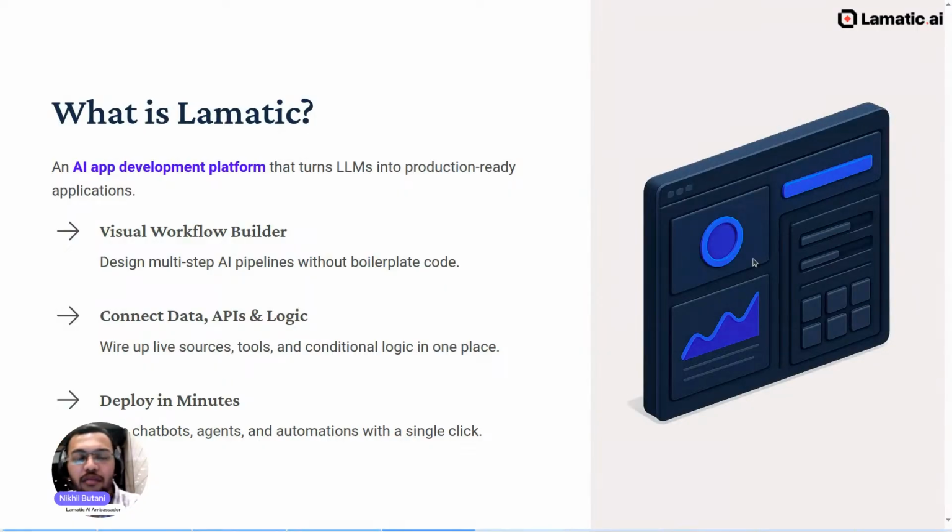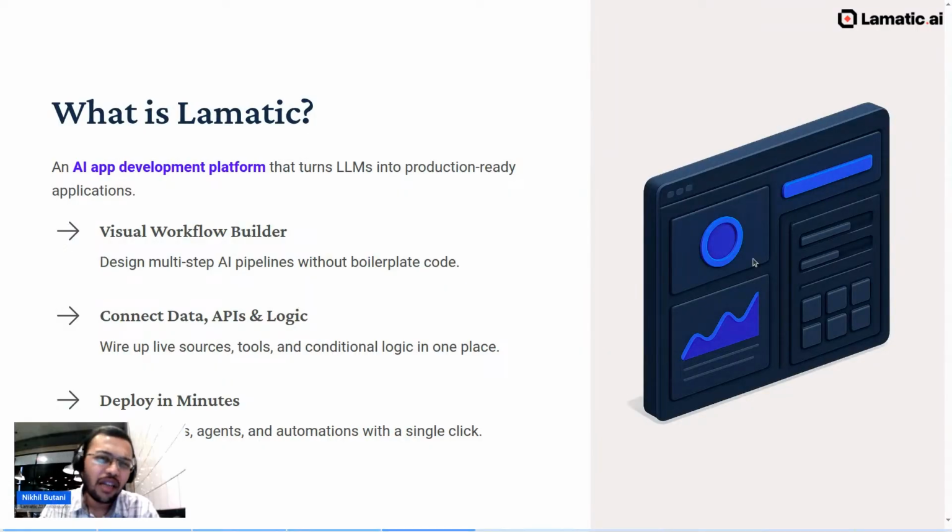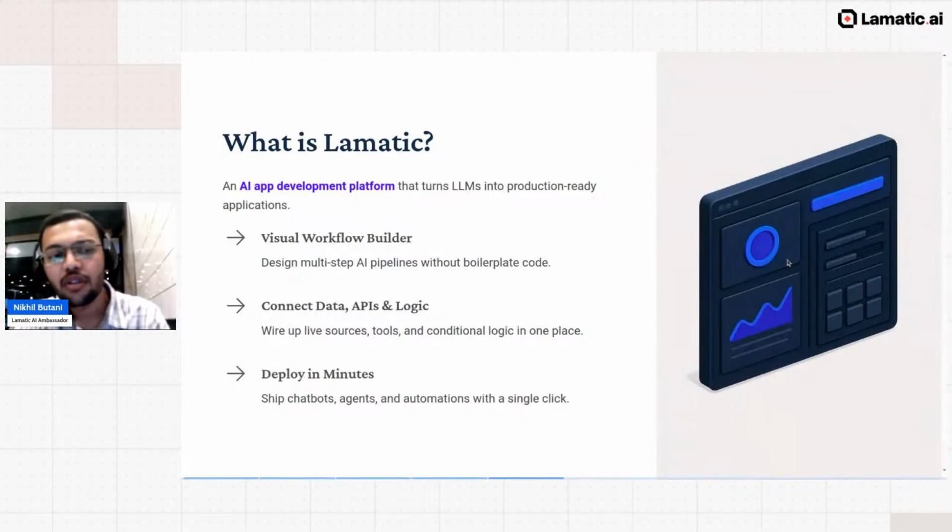Okay. So basically, what does Lamatic do? As you can see in my slide, let me give some brief about it. Lamatic helps us with a flow of prompts, right?